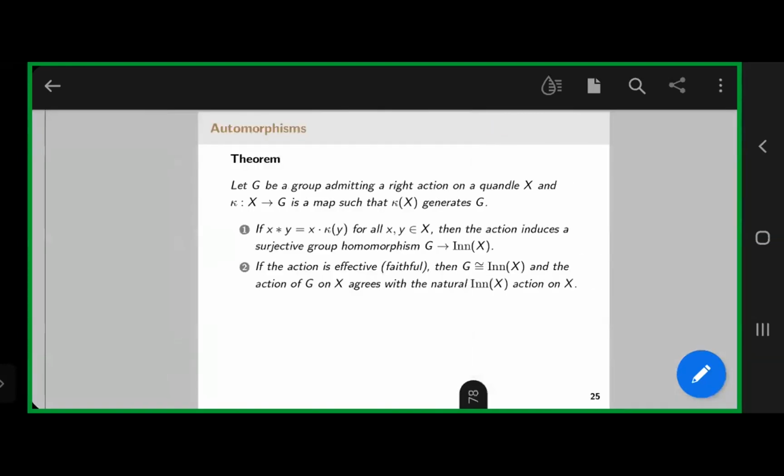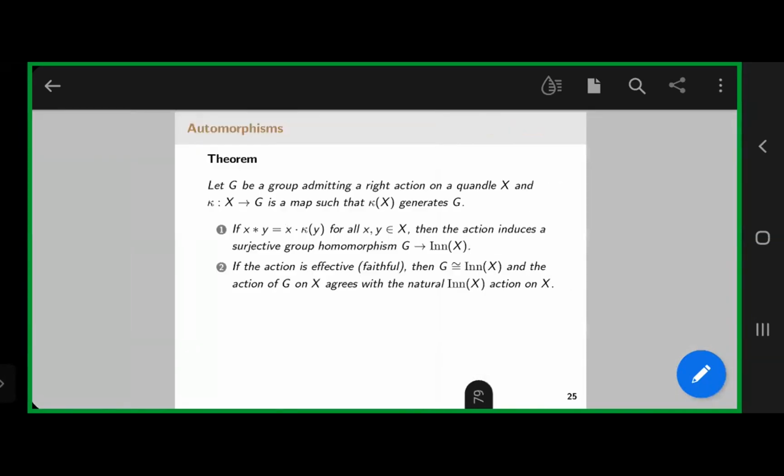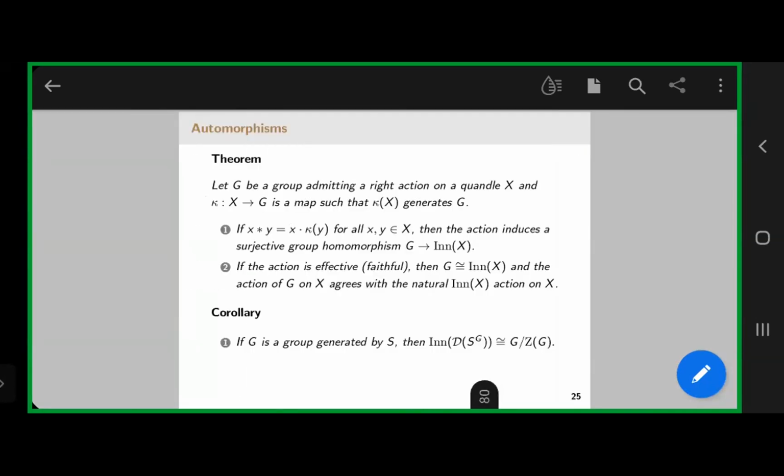For a given group, the inner automorphism group is always the group quotiented by the center. But for the whole automorphism group, you have to work a little harder. For the free quandle, this is a very classical flavor in welded braid group theory, and that started a new field completely.